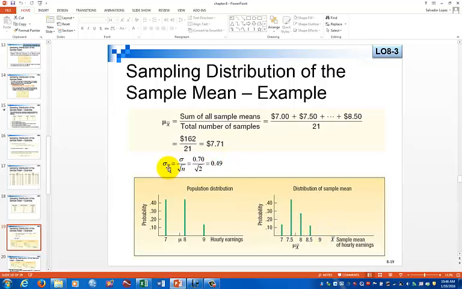You can actually see it by calculating the standard deviation of the means, using all of these 21 means.